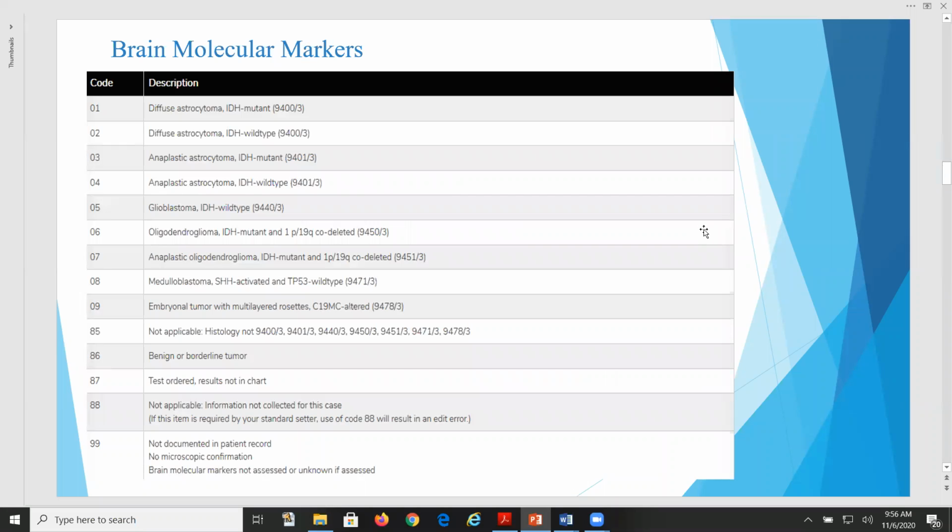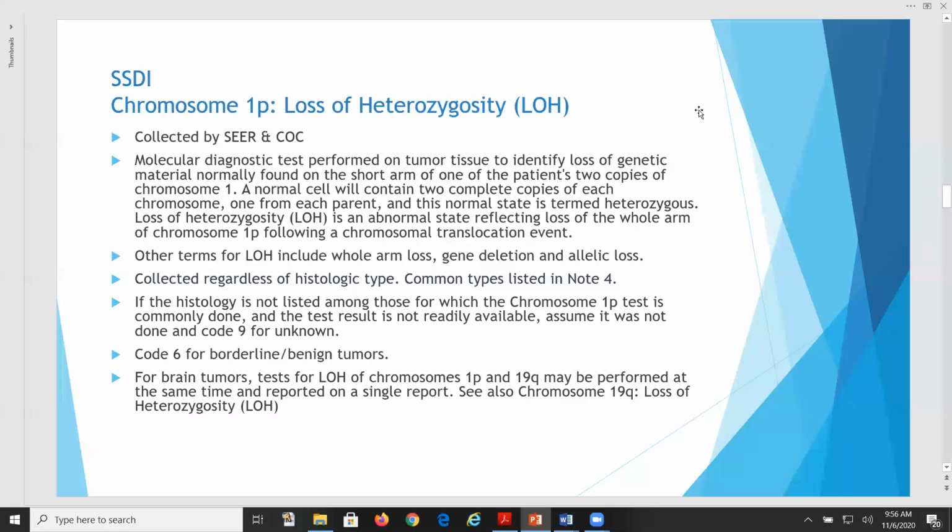Our next SSDI is the chromosome 1p loss of heterozygosity, and this is also required by SEER and COC, and this is a molecular diagnostic test performed on the tumor tissue to identify loss of genetic material.